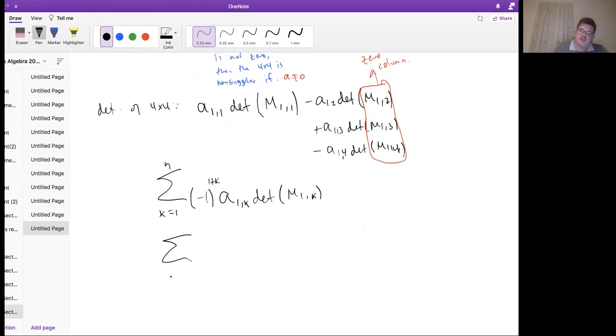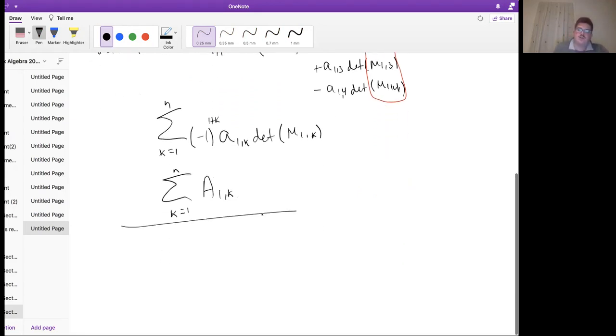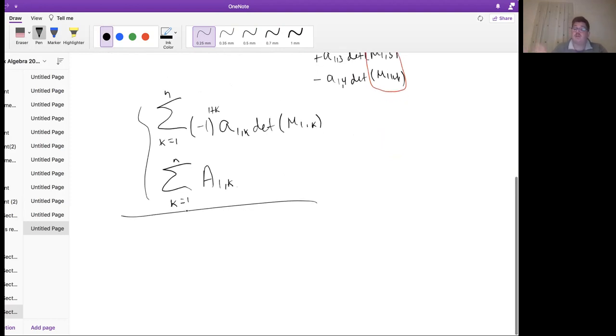So next time we'll talk about this for arbitrary matrices, and why this is also true, that you can do it along any row and any column.